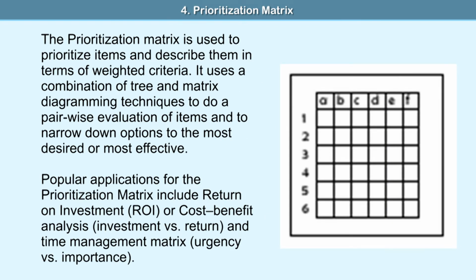The next tool is Prioritization Matrix. This tool is used to prioritize items and describe them in terms of weighted criteria. It uses a combination of tree and matrix diagramming techniques to do a pairwise evaluation of items and to narrow down options to the most desired or most effective.